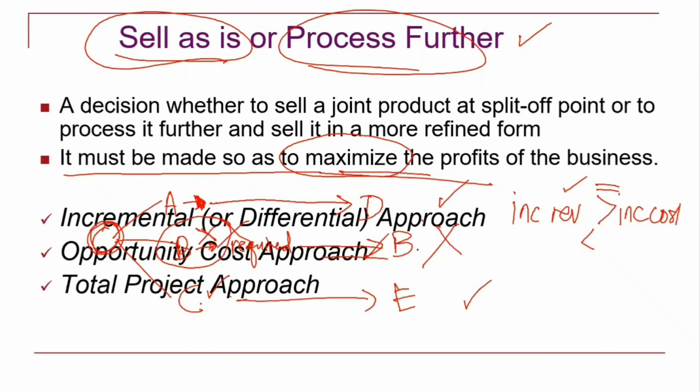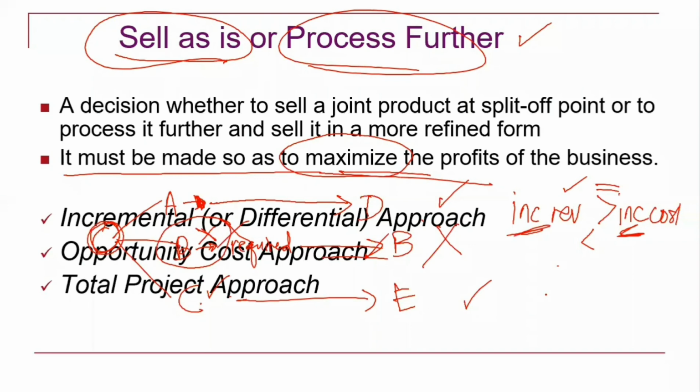But the third one is the total project approach. So total na kasama na yung mga sunk cost. Pero both options parehas sa may sunk cost kasi nga total ang usapan natin dito, hindi incremental lang. So kung ano yung mas malaking benefit natin to process further ba or to sell as is, yun yung magiging choice natin.